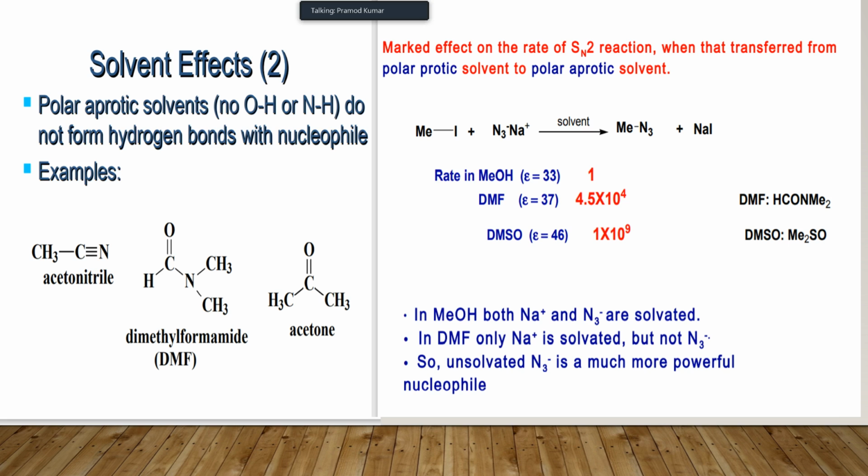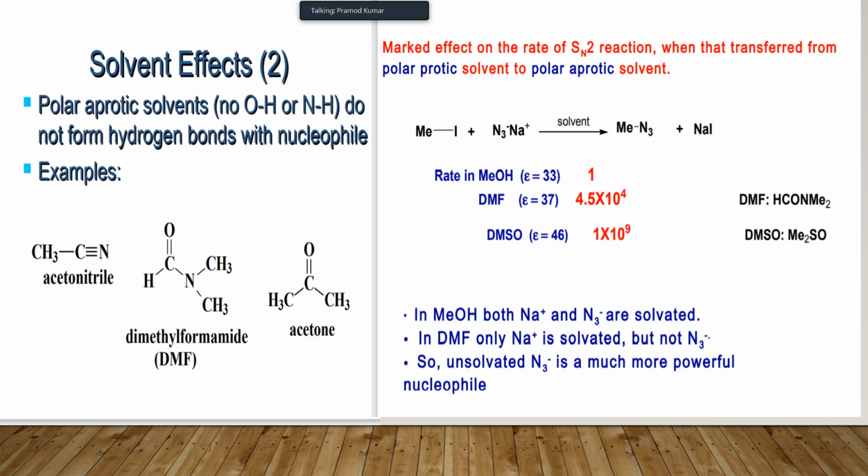To confirm this, they did the reaction in polar protic solvent and polar aprotic solvent, like methyl iodide with sodium azide to give methyl azide. The rate of reaction with methanol was 1.